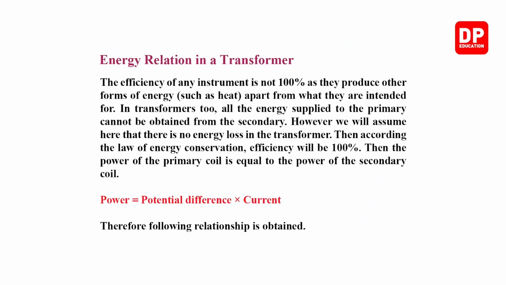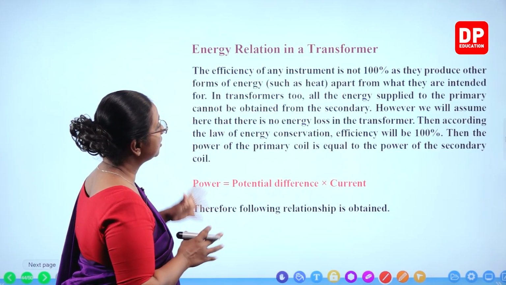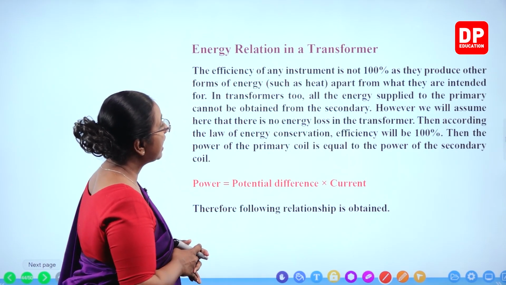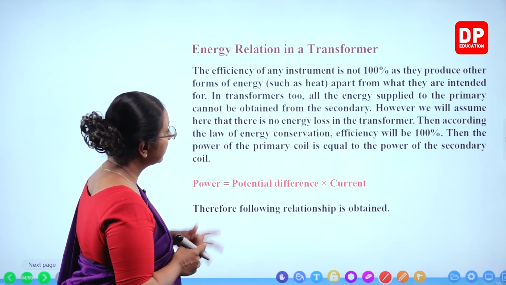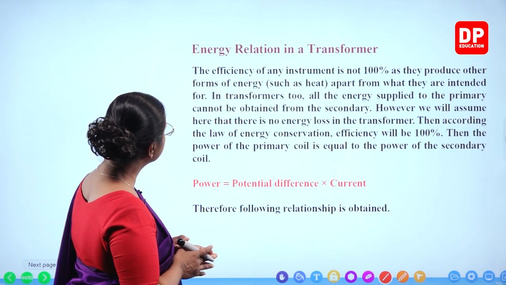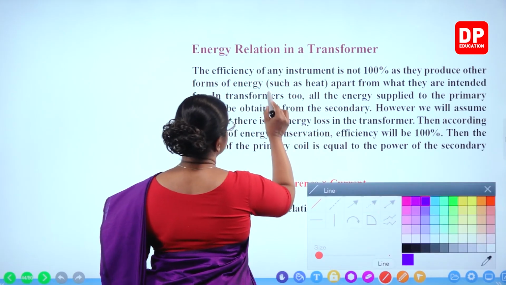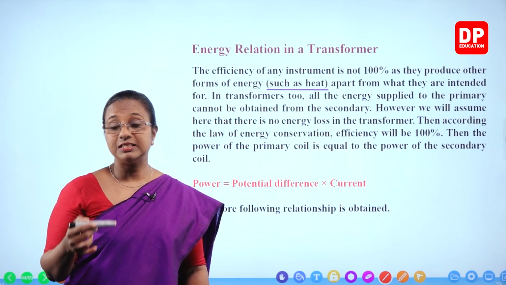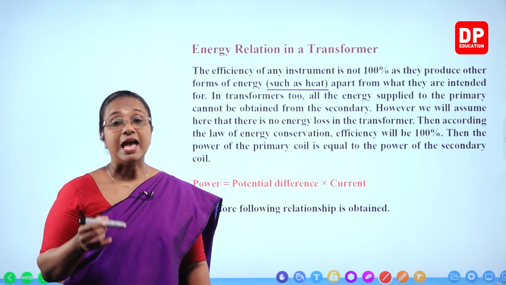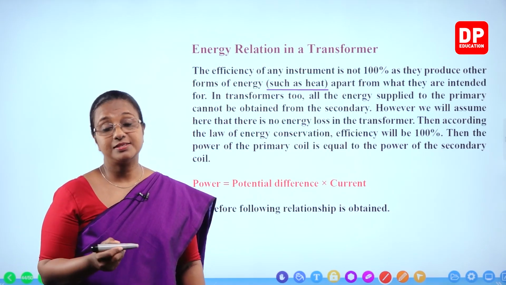So here, energy relation in a transformer. Now, the efficiency of an instrument is not 100% as they produce other forms of energy such as heat apart from what they are intended for. So why do they produce heat? You can remember normally the conductors have a resistance and part of the electric current is used up against the resistance.